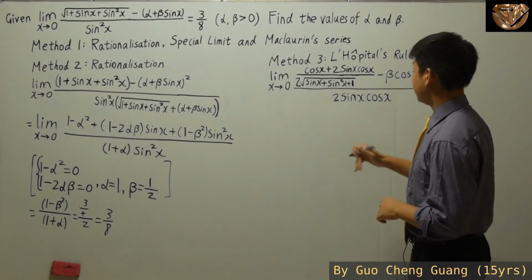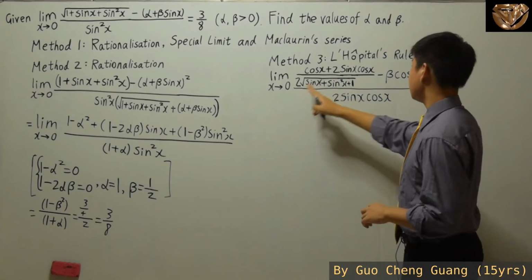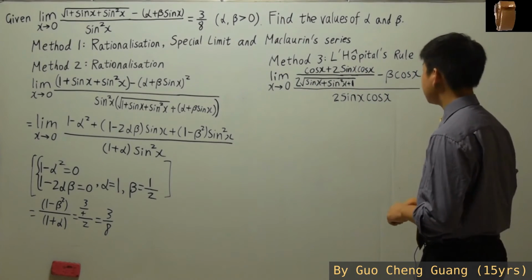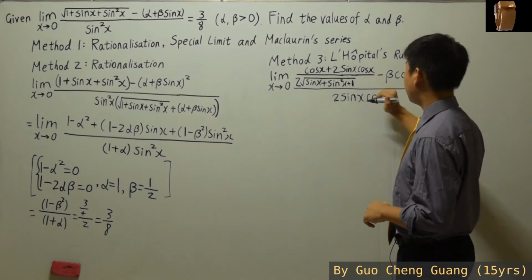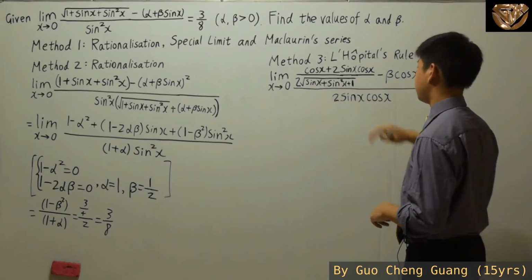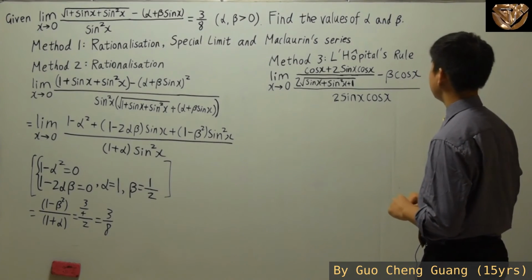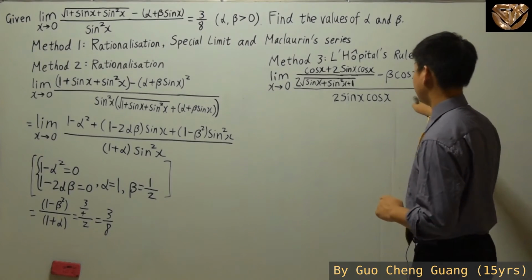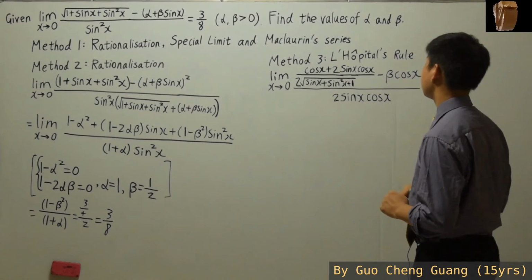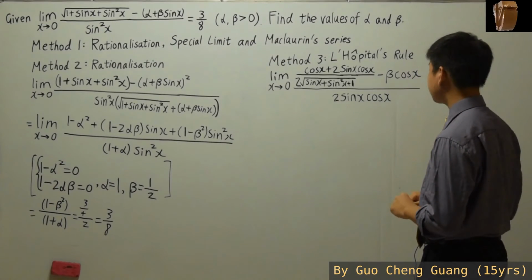If you substitute x in, the sine term becomes 0, so cosine x over 2, minus beta cosine x. Then this is divided by 2 sine x cosine x, where if you substitute the x in, that will still be 0.